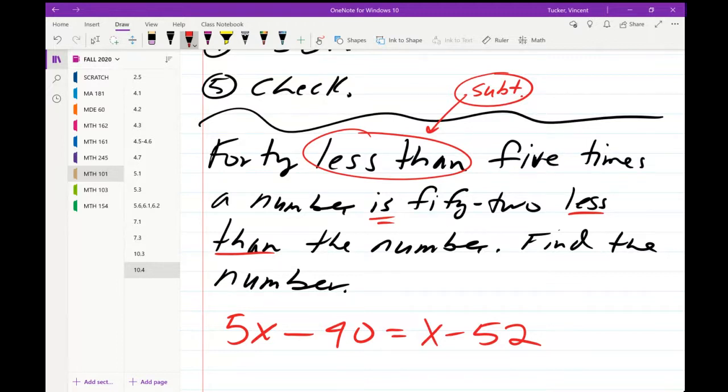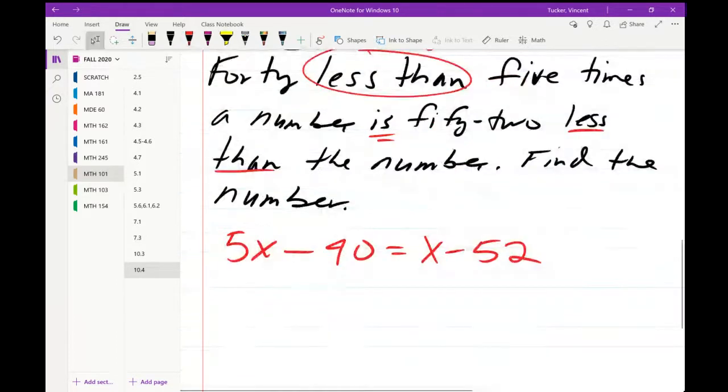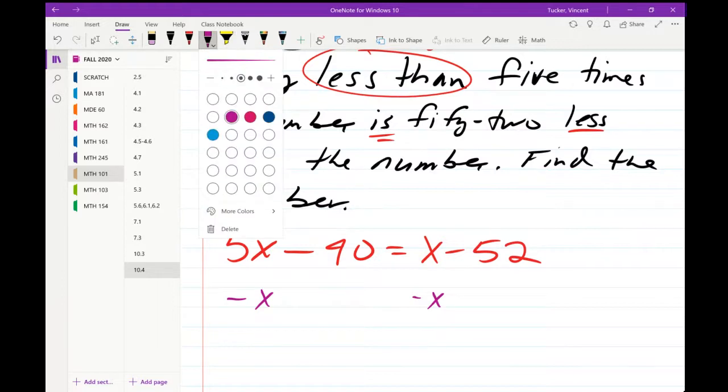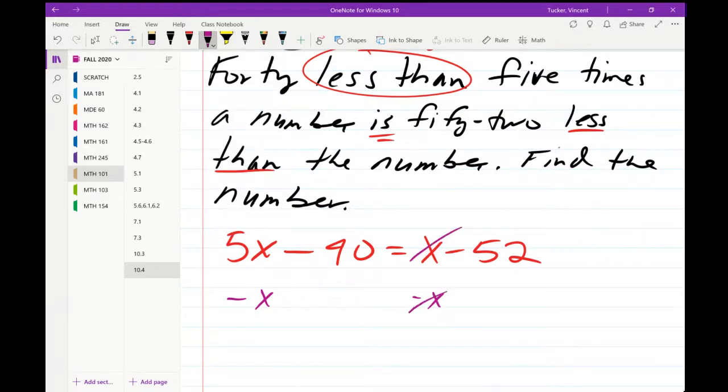All right, so we can go ahead and solve it. Subtract x from both sides. So that's 5x minus 40 equal to negative 52.